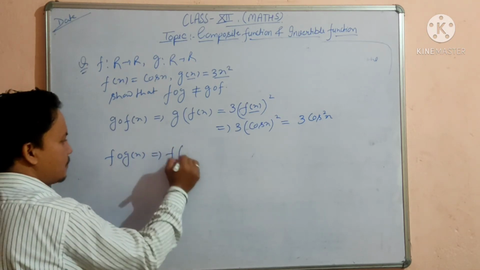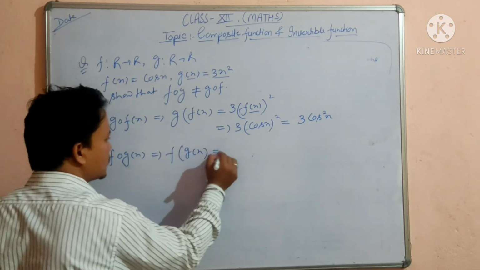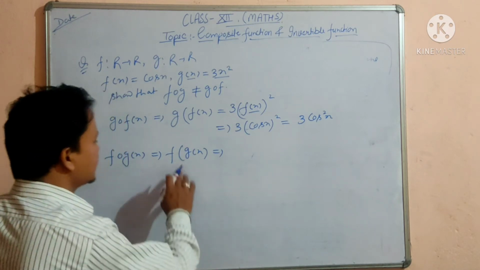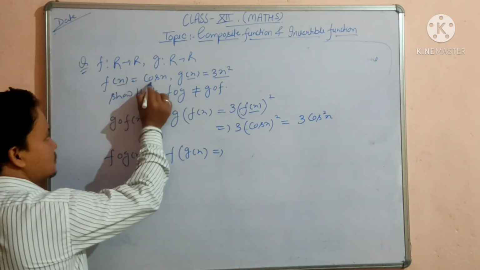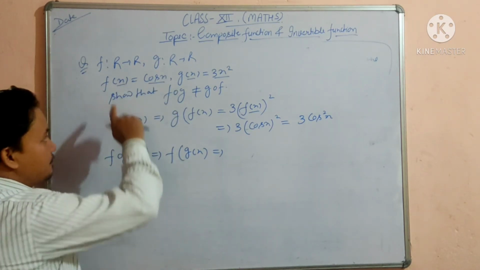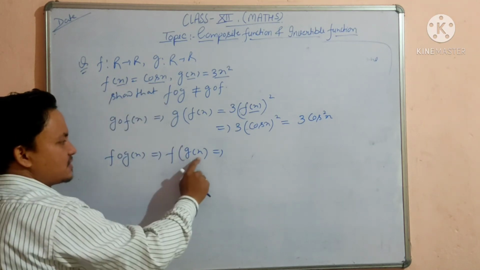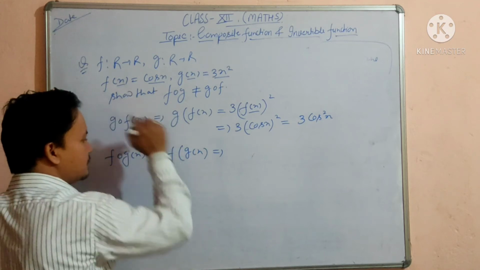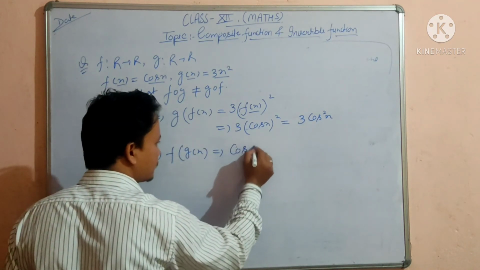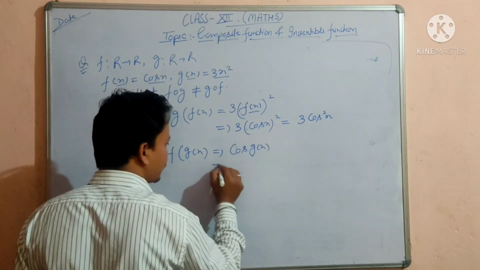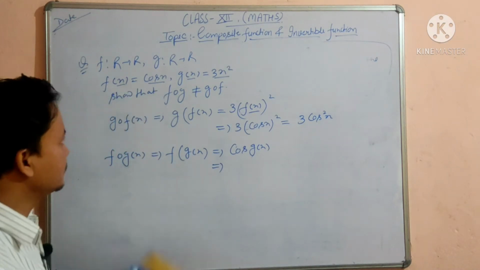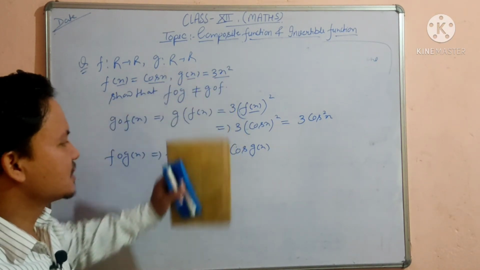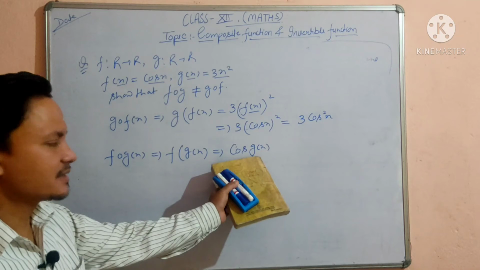So f of g of x. f(x) is cos x, so f of g(x) will be, replacing this x by g(x), cos of g(x). Now g(x) is equal to 3x square, so substitute the value of g(x) here.